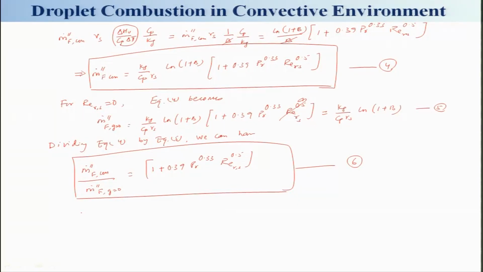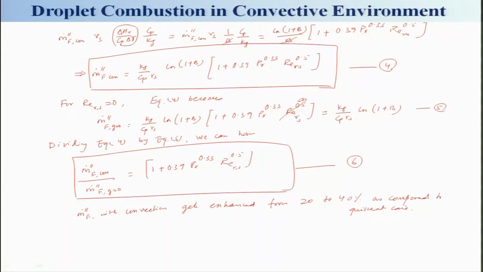Generally people get this mass burning rate with convection enhanced from around 20 to 40% as compared to a quiescent case. In other words, the convection plays a very important role for enhancing the mass burning rate, which is of course the obvious thing, and that is being derived here.